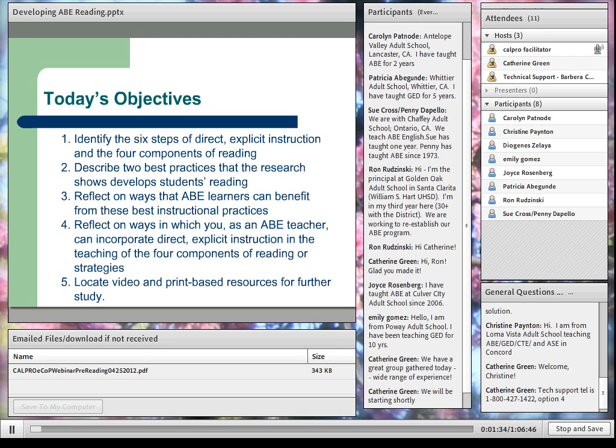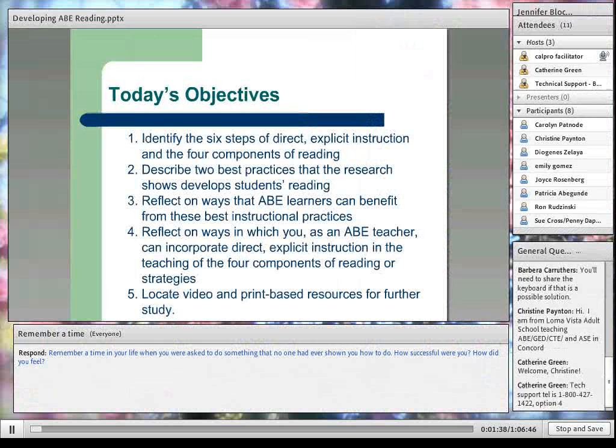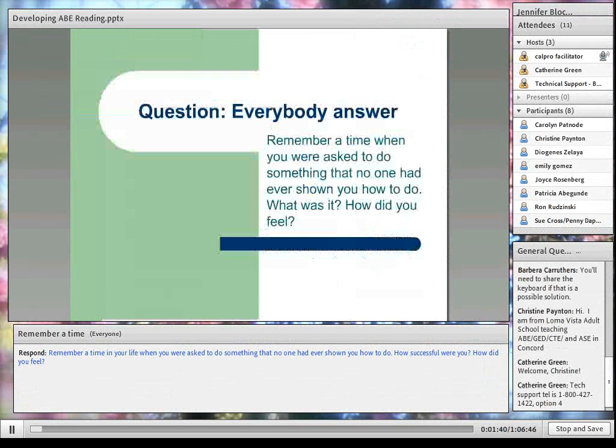To begin, we'd like to ask you and sort of put you in a student perspective. Can you remember a time when you were asked to do something that no one had ever shown you how to do?